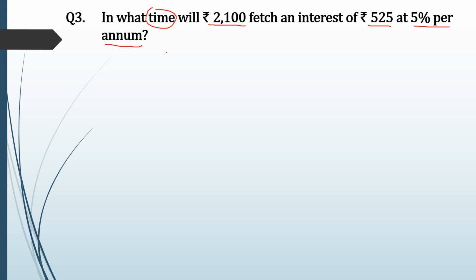So let us first put the given conditions over here. So given things are principal rupees 2100, rate 5% per month. Please, this is not month, boys. Please, let's make it per annum.